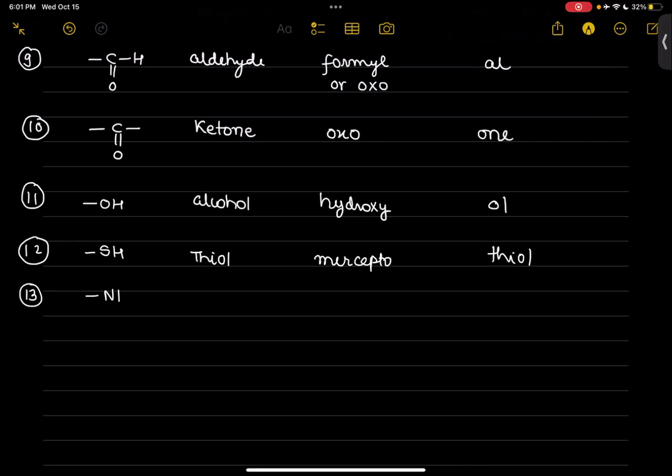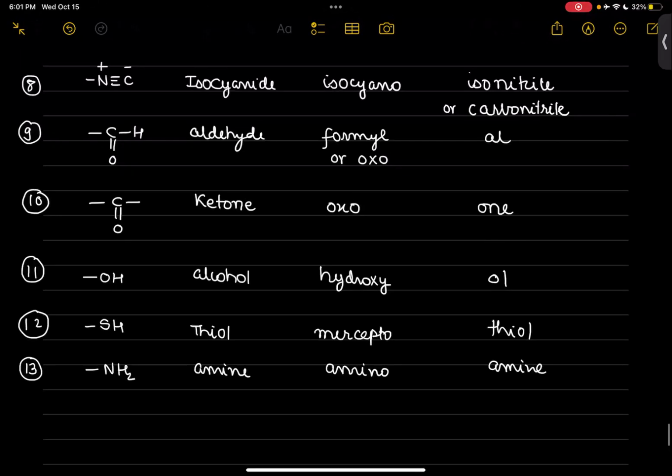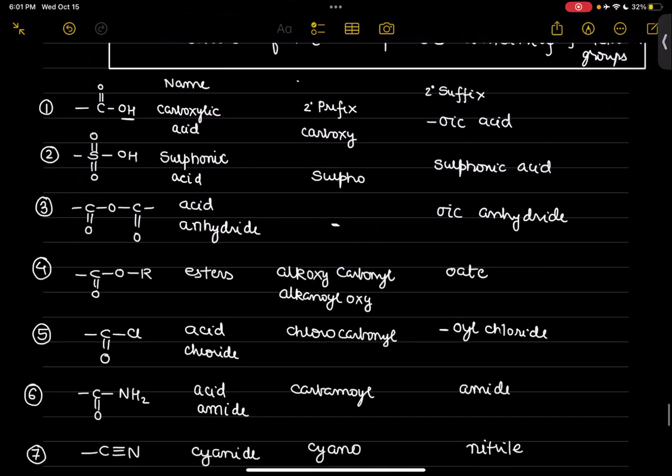But you can't afford to skip amine. The prefix is amino. Suffix is amine. Got it? So these are some of the prefixes of some functional groups.